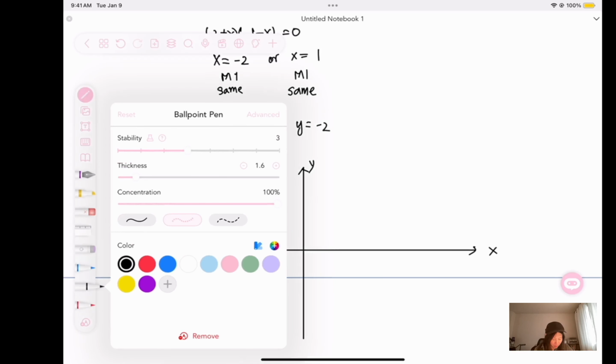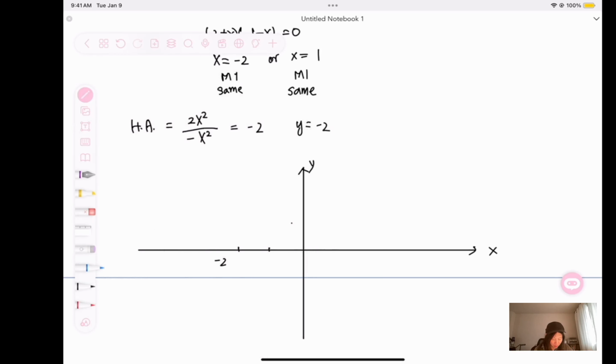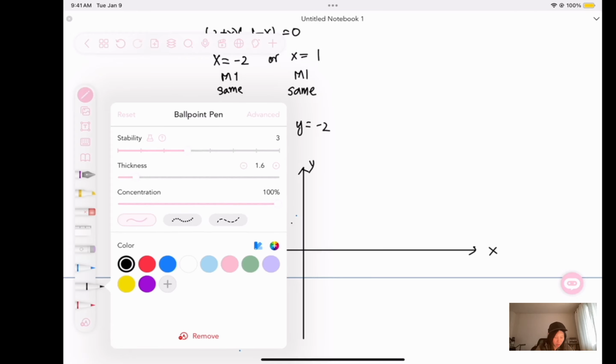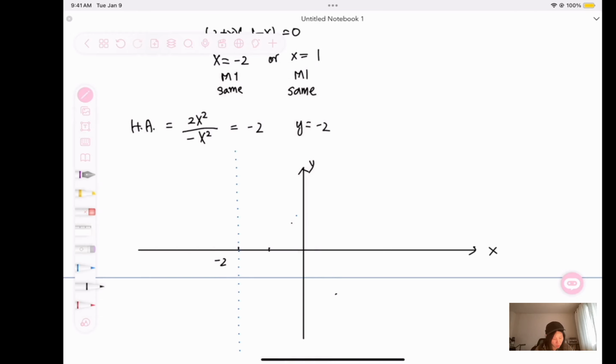Let me use a dashed line to do that. And then we have a vertical asymptote at x equals 1. This is 1, 2. So let me draw this asymptote.